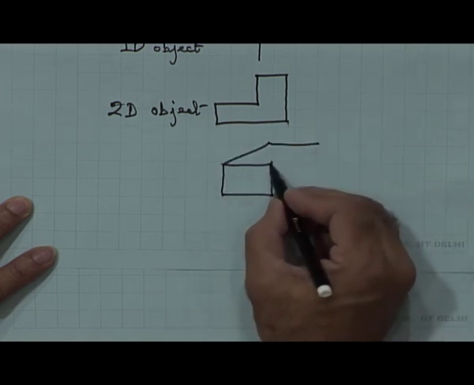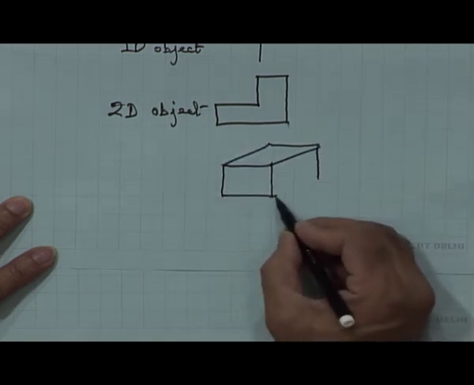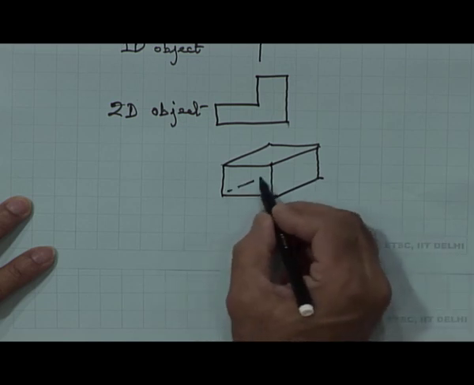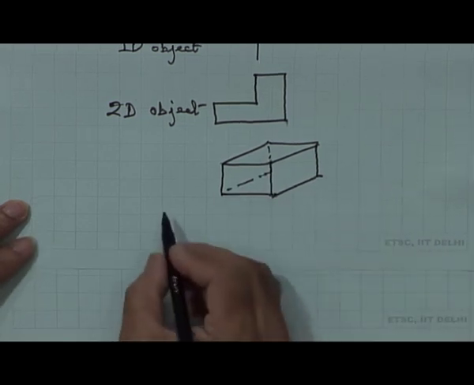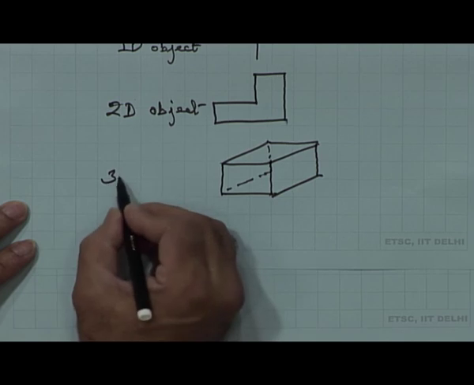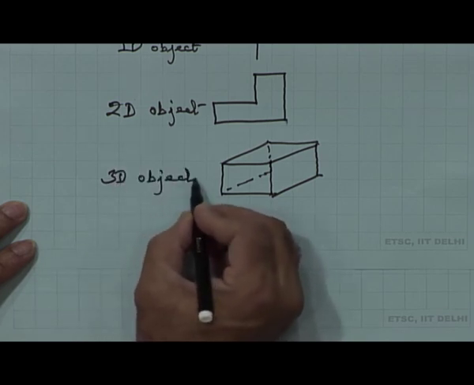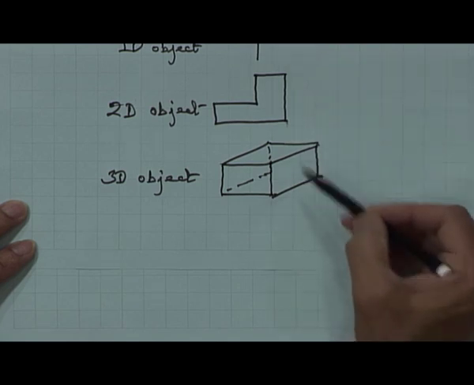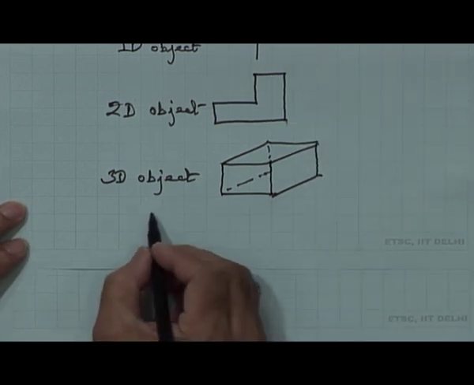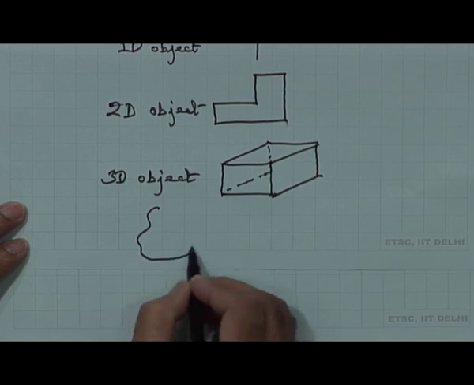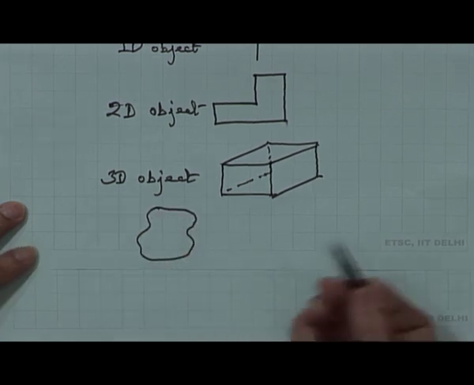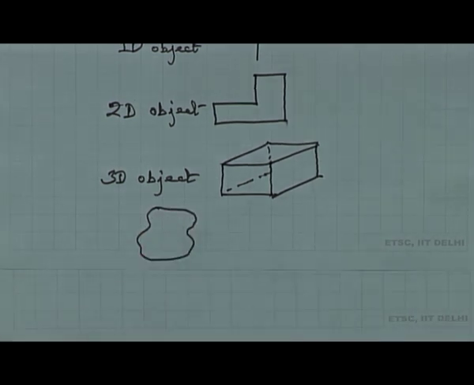So, the object could be a 3D object, a 3-dimensional object. Of course, what I have drawn are regular objects, but there could be an arbitrary object, an object of arbitrary shape, which is a 3D object, but of arbitrary shape.